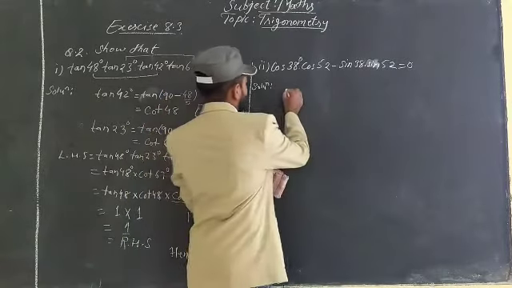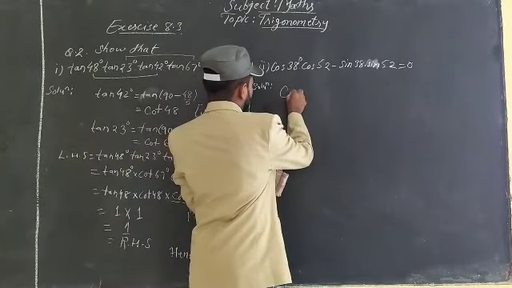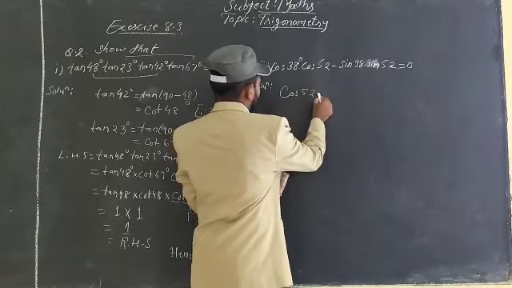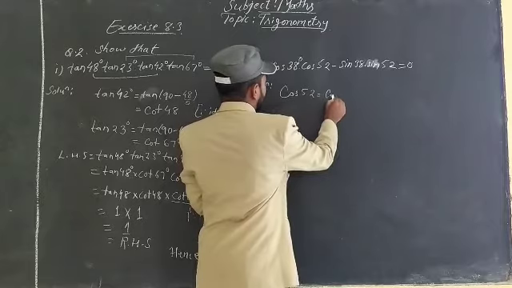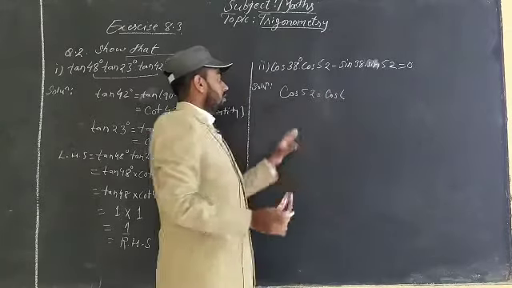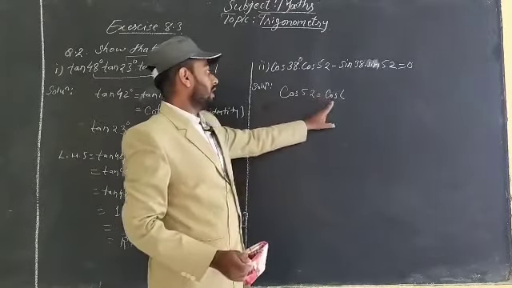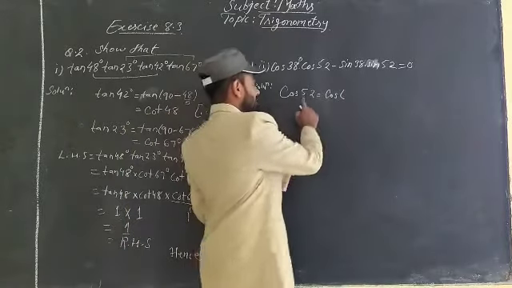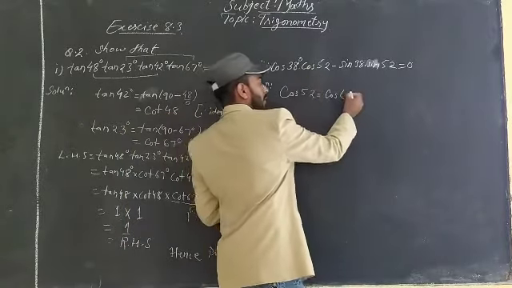Cos 52, I change it. So cos 52 is equal to what we can write as cos 90 minus 38, right? 52 and 38 are complementary angles of each other.